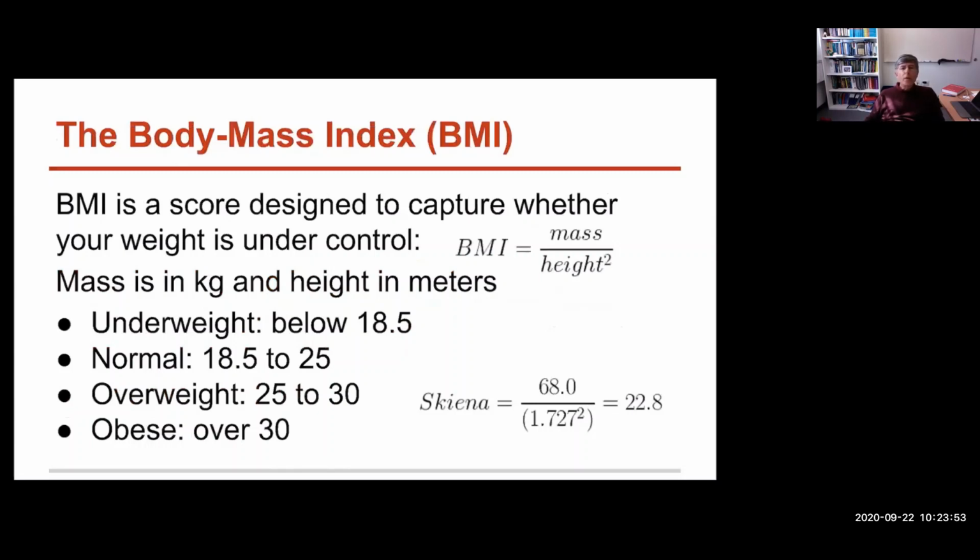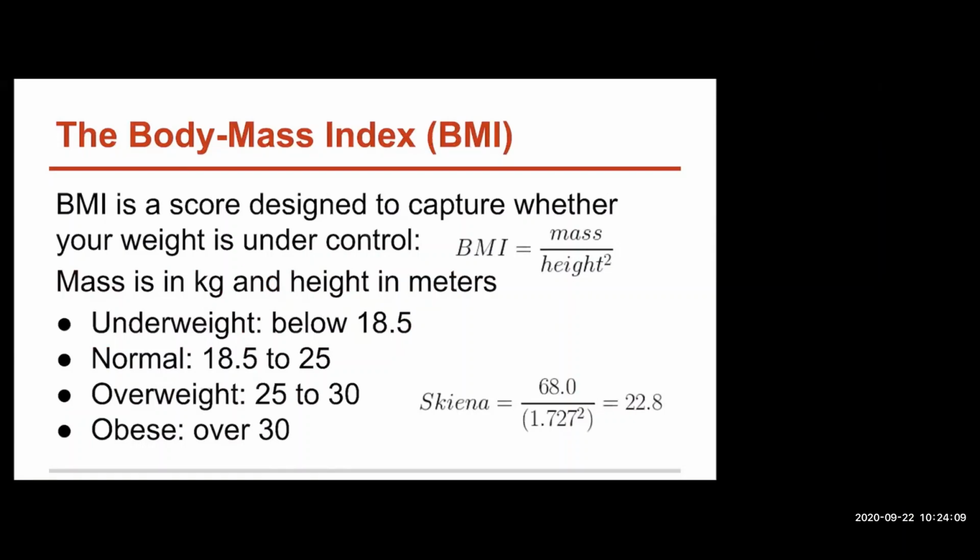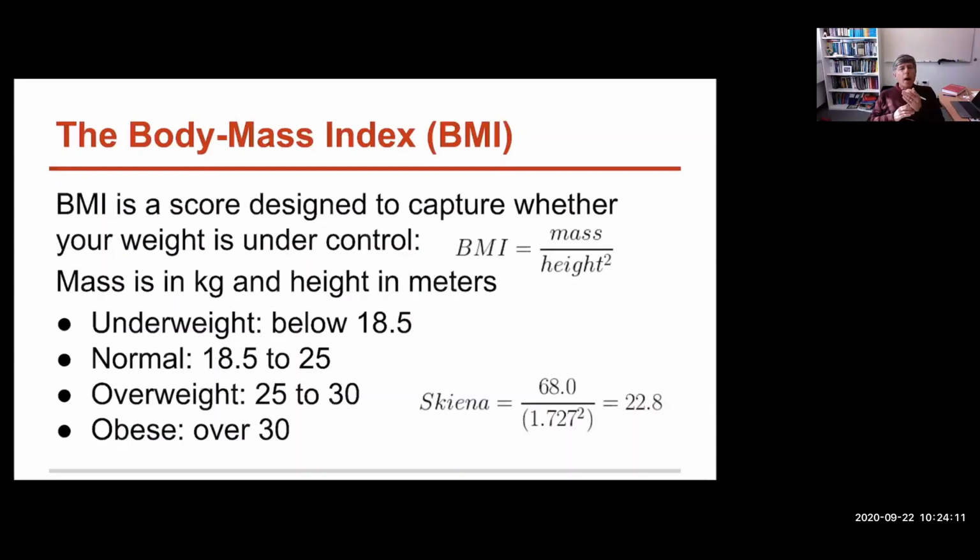So one example of a scoring function that I like is the body mass index. Has everybody here heard of the idea of body mass index, BMI? BMI is a statistic that is designed to capture whether or not you are heavier than you should be.